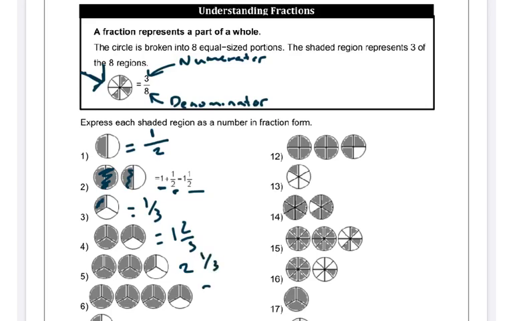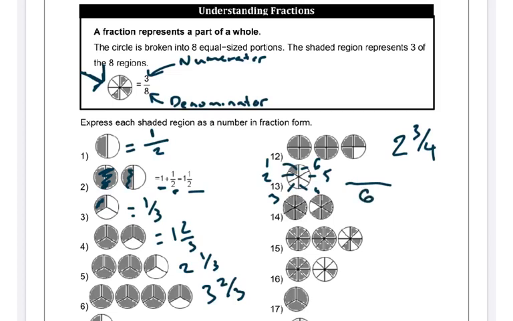Then we have 3 2/3. Over here we have, and I know that this goes 1, 2, 3, 4, 5, 6, and this is 12, 13, 14, 15, but I'm just going to go ahead and do this side here. This is 2 3/4. Let's see here, we have 1, 2, 3, 4, 5, 6, and I actually recommend, as these circles get cut up into smaller pieces, to label the counting.